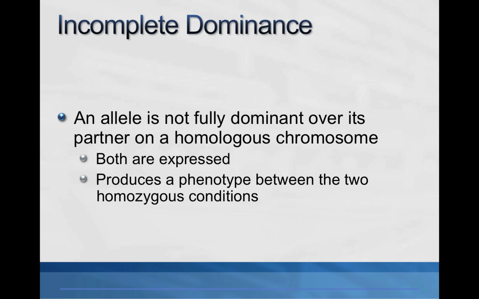Now, the other topic that we went through pretty quickly, but there's not much you need to know. You need to know what it is, though. In this case, the allele for the dominant trait is not fully expressed unless it has 2 copies of it. It has to have 2 copies or it does not fully express itself.